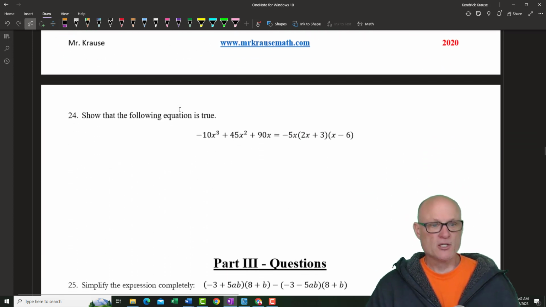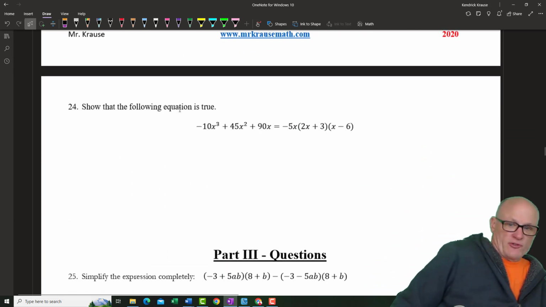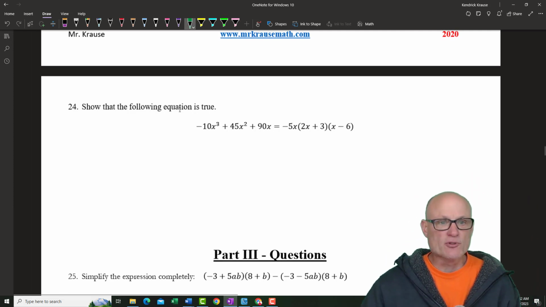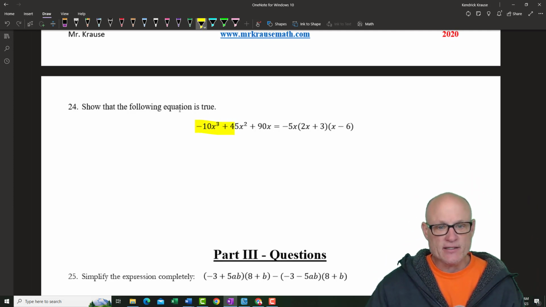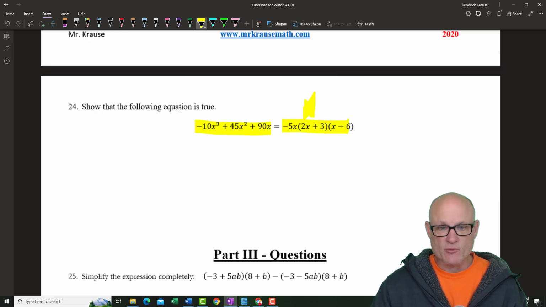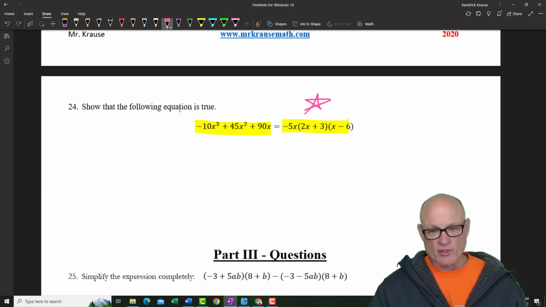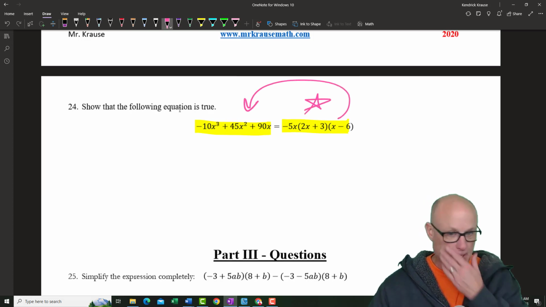24. Show that the following equation is true. So all I'm going to do here is prove that this side equals this side. Now, I hope you all recognize that this is the more complicated side. So we're going to make this side look like this side. All right.